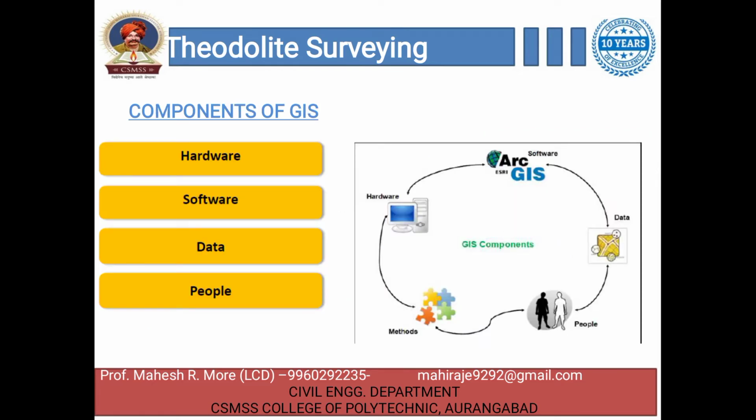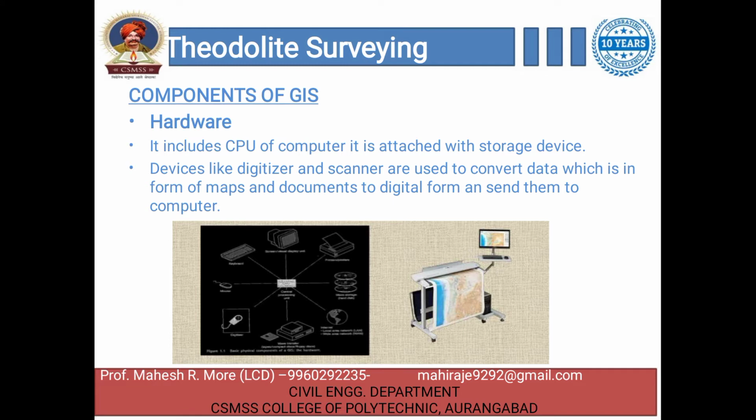Component parts of GIS. As per the figure, the components are hardware, software, data, people, and methods. Let's see in detail. The first one is hardware.